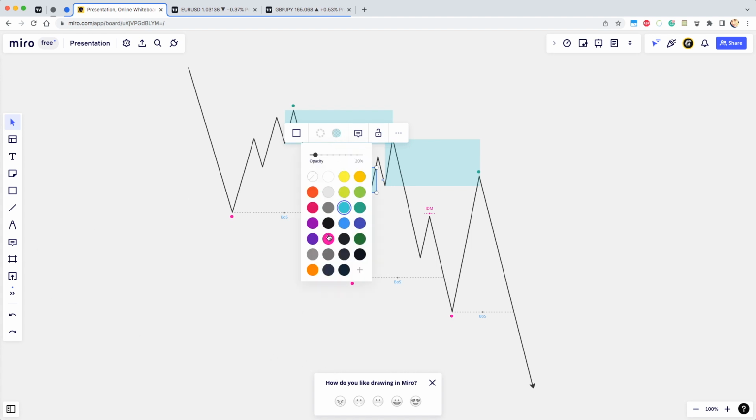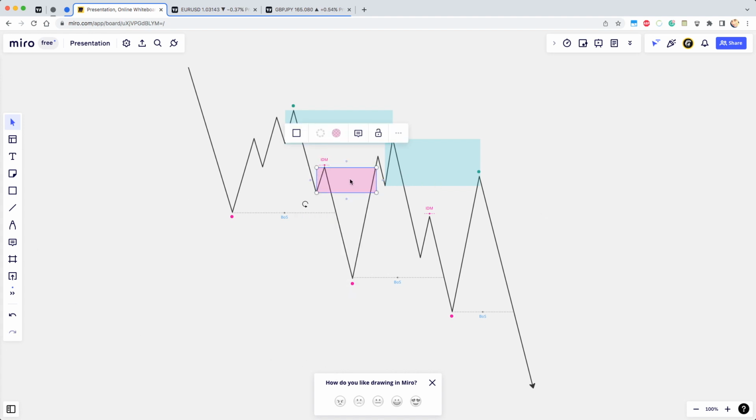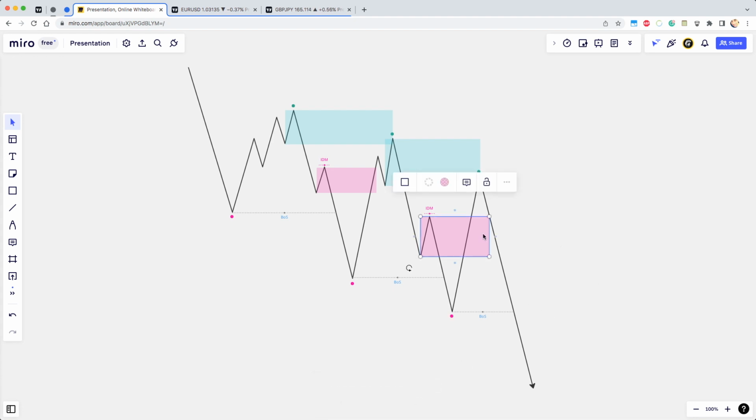Let's make it red. And of course, the same goes for this one, right? You get the picture, I hope, because these are again mostly smart money traps, right? To induce people and then liquidate them, because the markets move on liquidity, right?